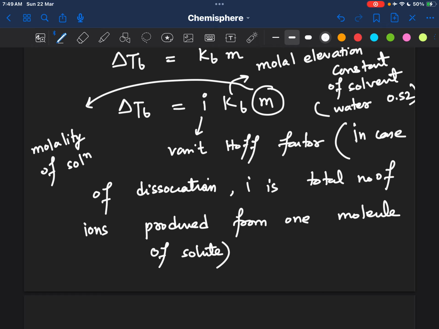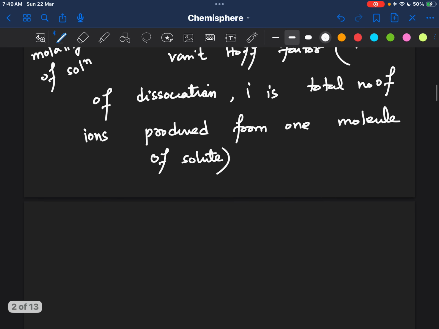Yeah, and as we know, non-electrolytes, for example sugar, urea, these guys, they don't undergo any dissociation or association in solution. So for non-electrolytes, the i value is always equal to 1 because they neither associate nor dissociate.